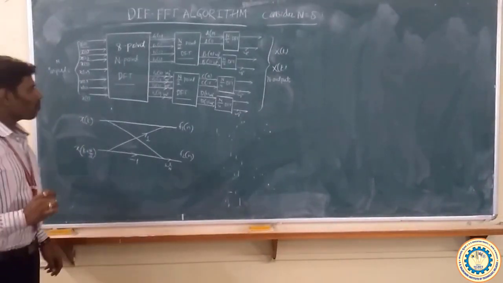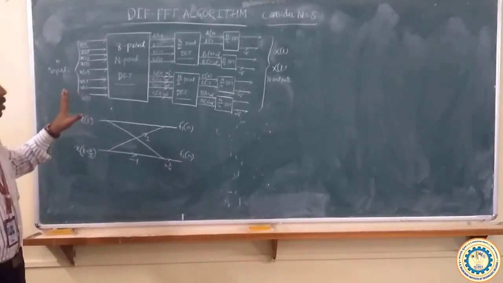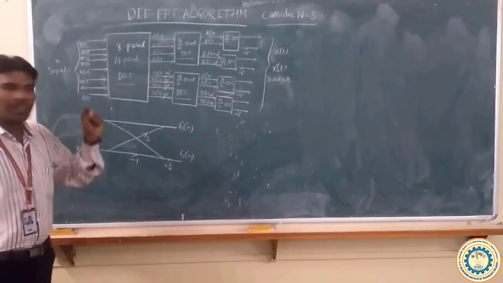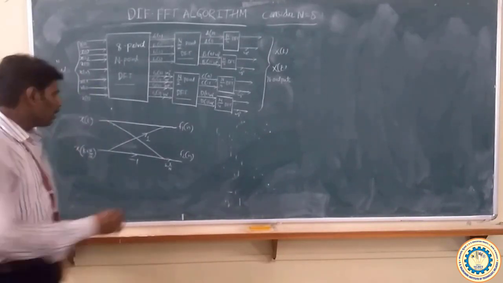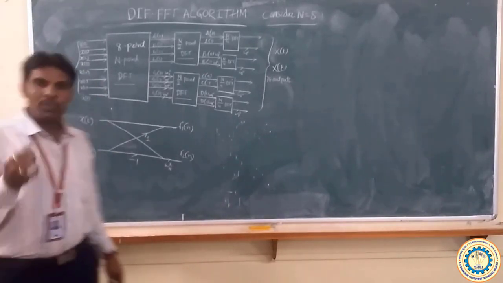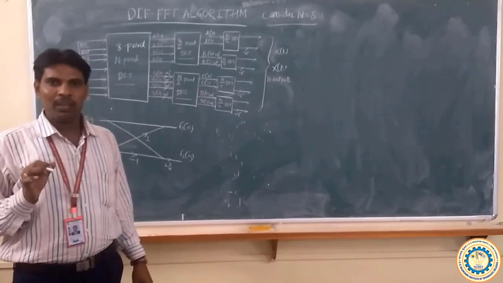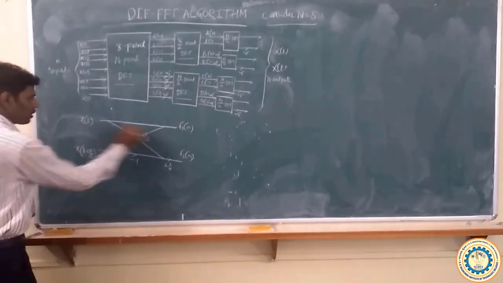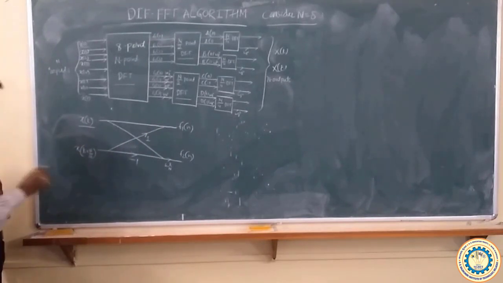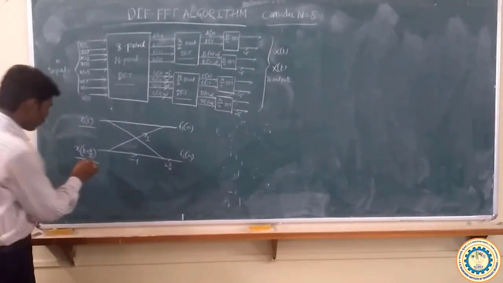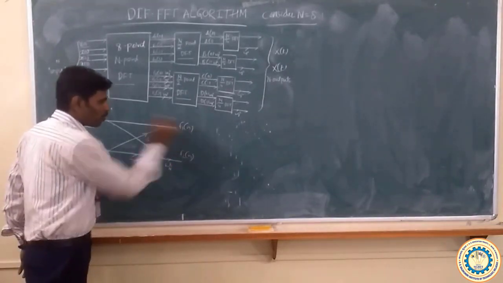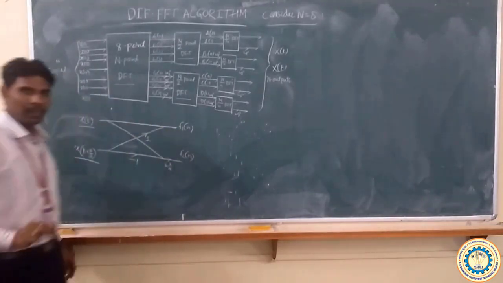Now let us see how to draw the signal flow graph for the 8 point DIF-FFT algorithm. First let us see how the structure of the butterfly diagram looks. This is the butterfly diagram. Here the input is x of k and the other input is x of k plus N by 2. Assume that the outputs are f1 of n and f2 of n.